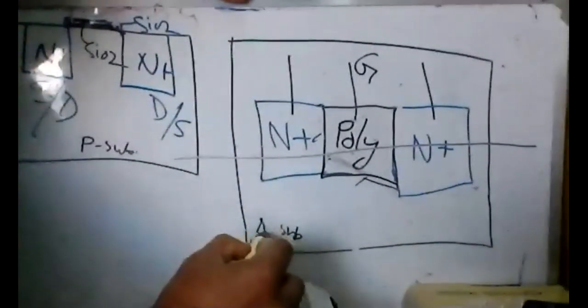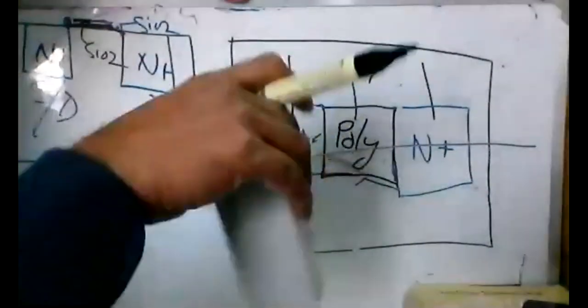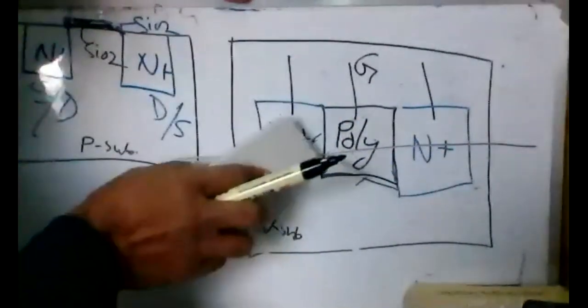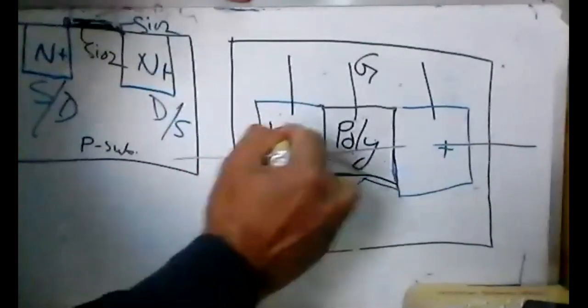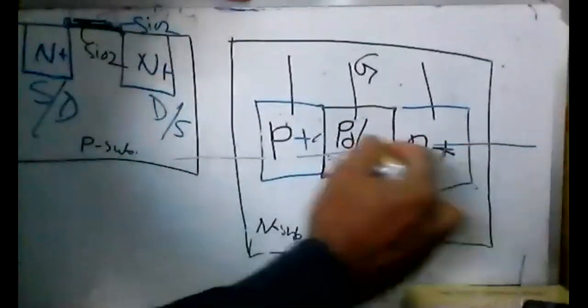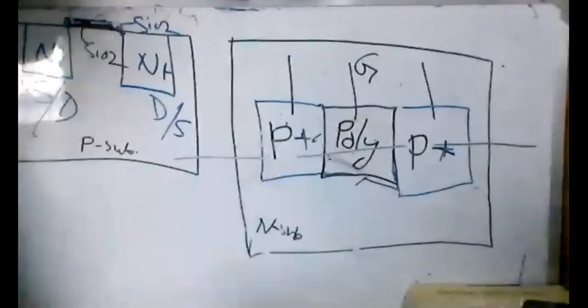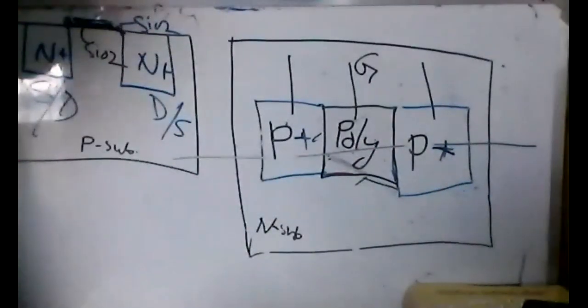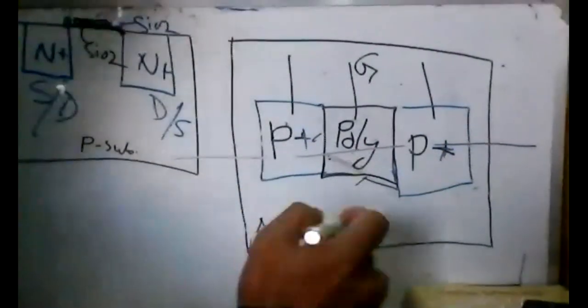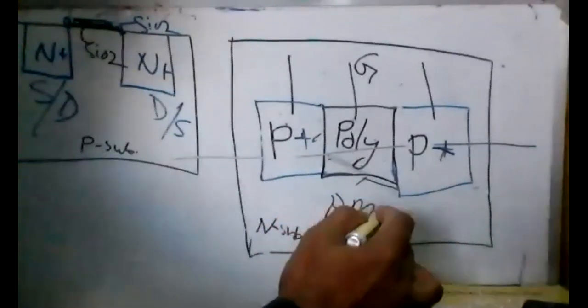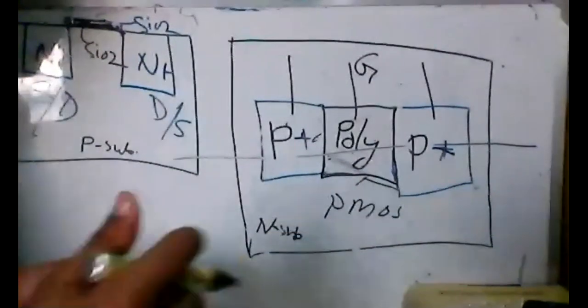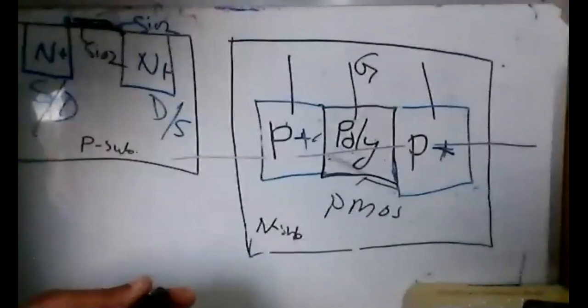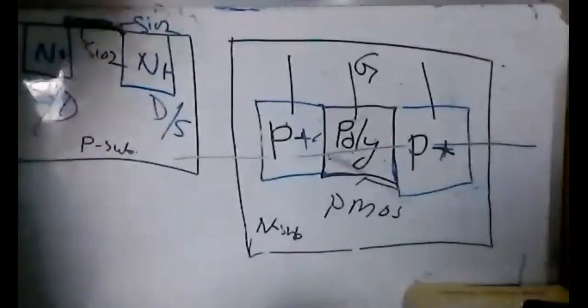It will be an n-type substrate, and here it will be p plus, p plus, and all others are the same. This is a PMOS, a P MOSFET, and before it was an N MOSFET. There is no big difference. Very simple. Now we'll see how it works.